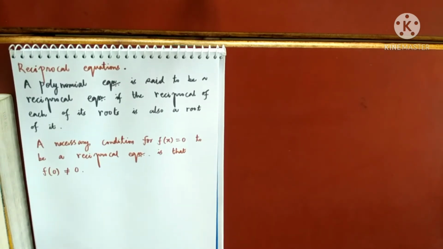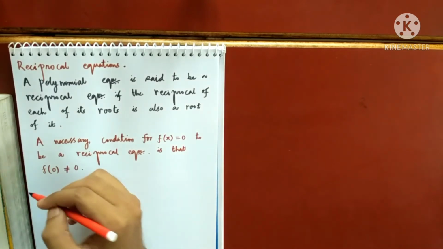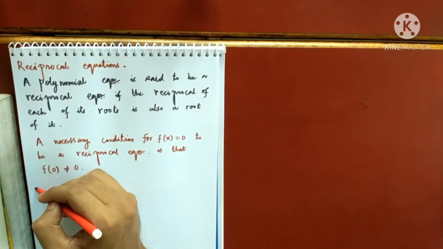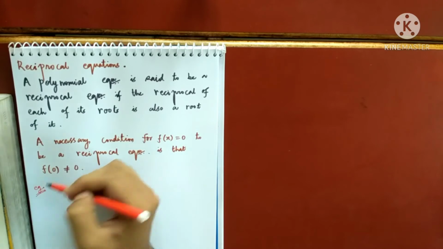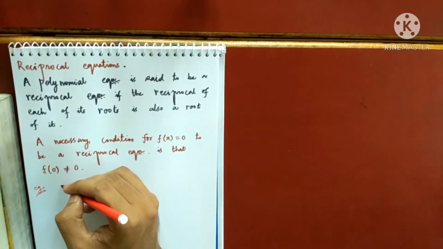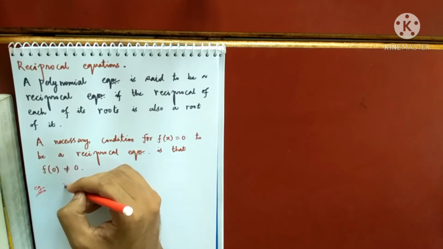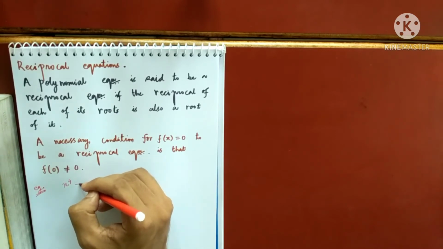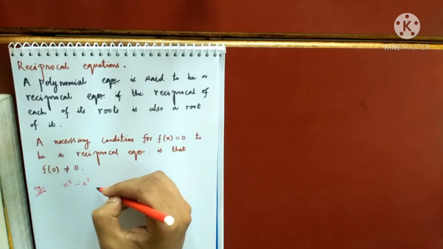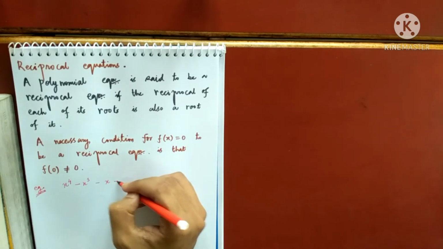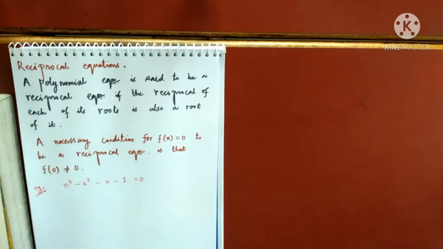Now let me just give you a very simple thing. I'll explain more, but let's see. Let me write something. x to the power 4 minus x cube minus x minus 1 equals 0.